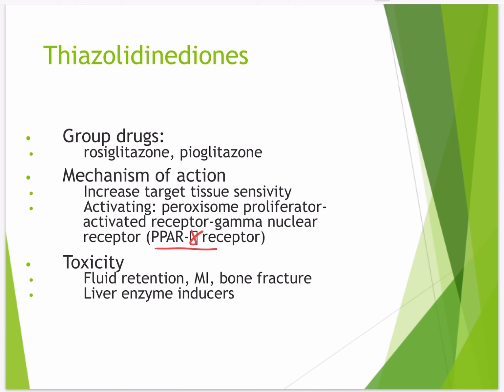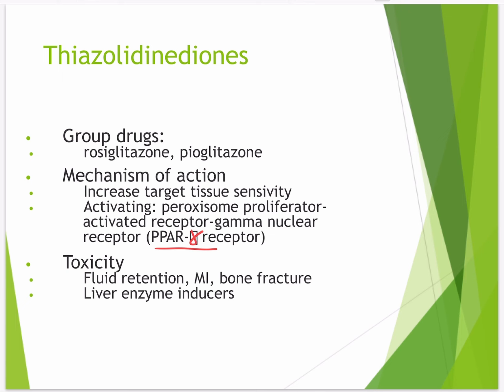The principal response of PPAR gamma activation in the adipocyte tissue is very important. Along with adipocyte differentiation, PPAR gamma activity promotes uptake of circulating fatty acids into the fat cell, and the shift of the lipid store to the adipose tissue is very important about these drugs.